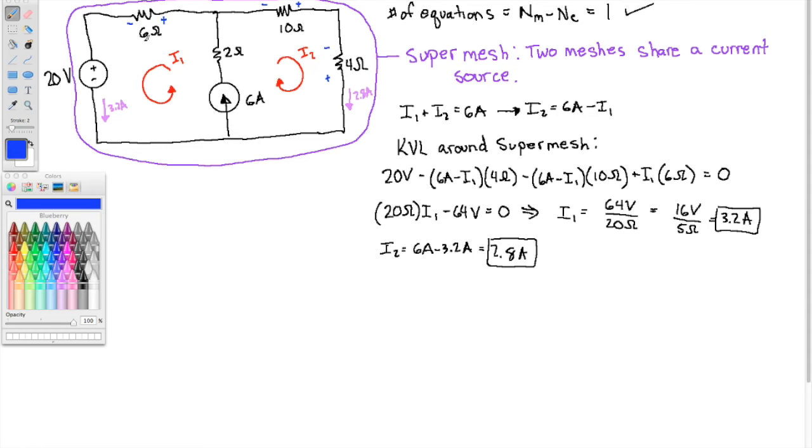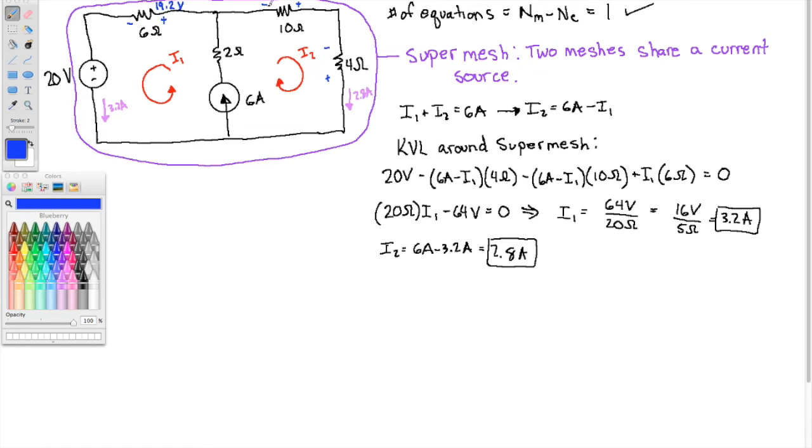That's 19.2, I believe. 19.2 volts here. 6 ohms times 3.2 amps. And the drop is in the direction from right to left. It's in the direction of the current. Has to be. Alright, so we've got 19.2 volts across that resistor. We have 20 volts across the voltage source.